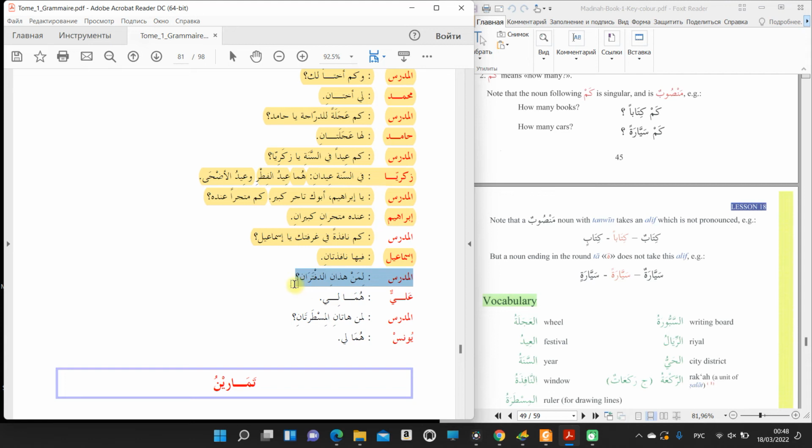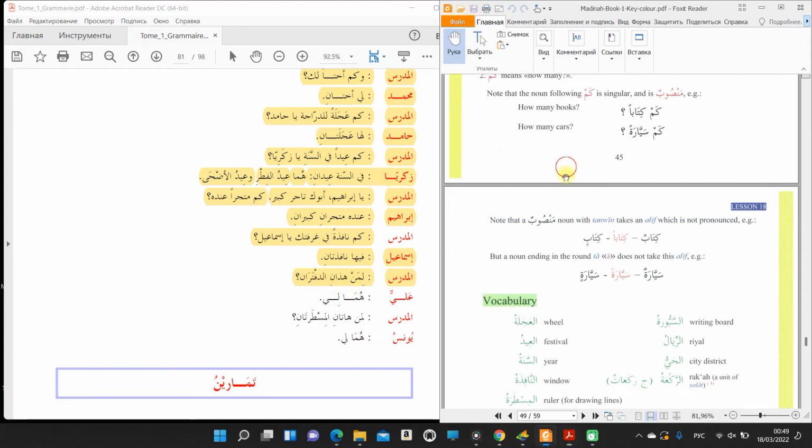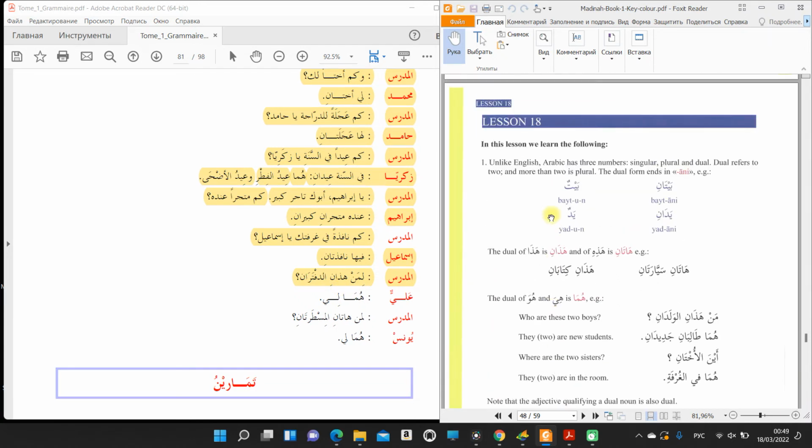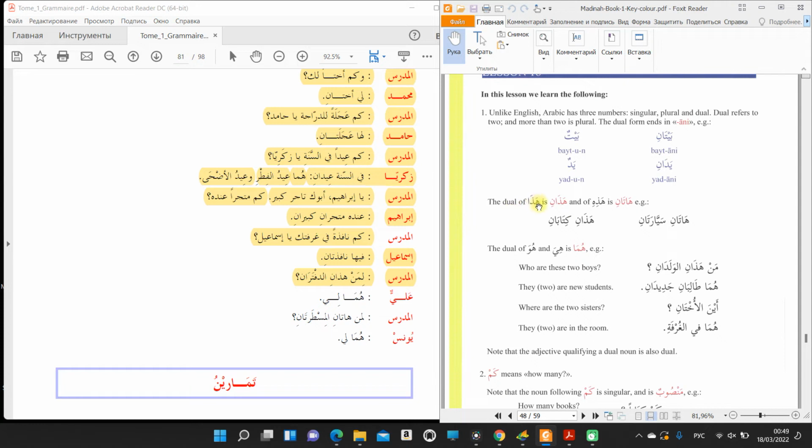المدرس is asking لمن هذان الدفتران. Yeah, now we've gotten to this new pronoun هذان. That's how it's pronounced. The dual of هذا is هذان, and the dual of هذه is هاتان.